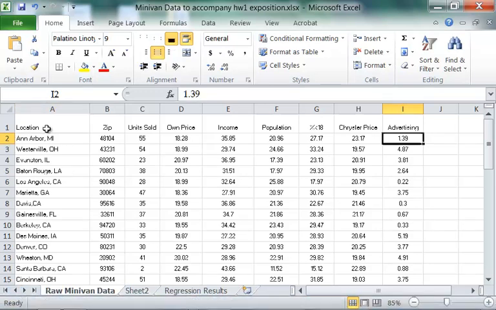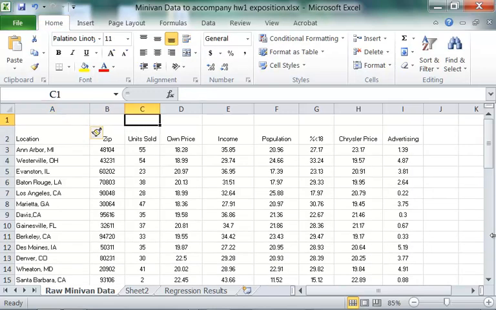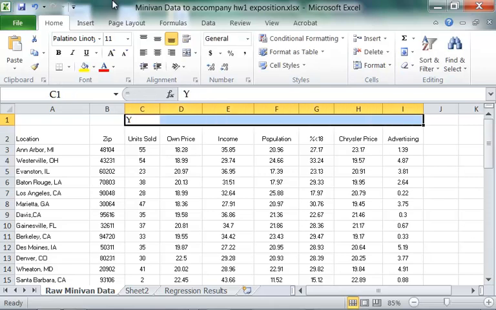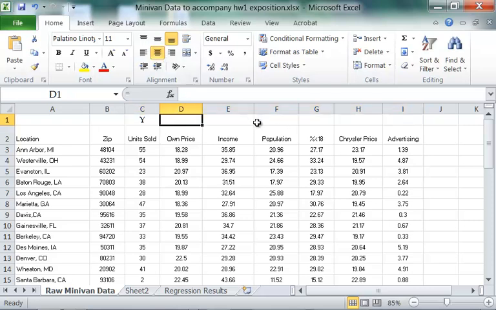Now, in order to map this into something that you may have seen before, what we're going to do is call the units sold our y variable, right? And basically, we're trying to come up with a model that explains how many units are sold in an area, and we think that's going to be a function of a few different variables. The first one is the product's own price, the price that you're charging on average for that minivan.